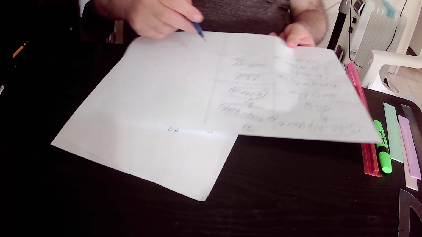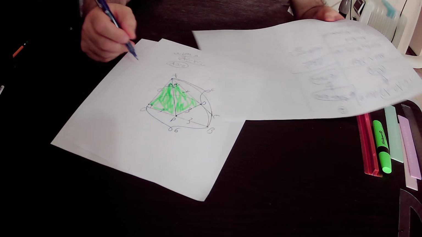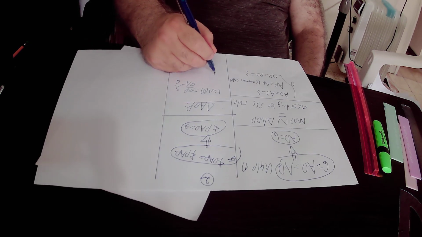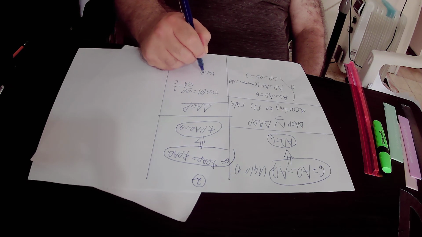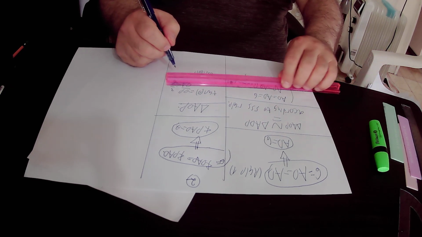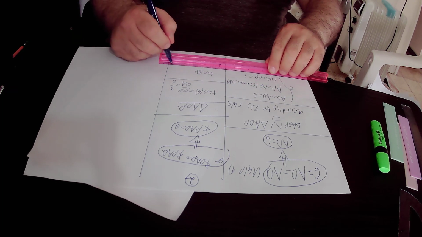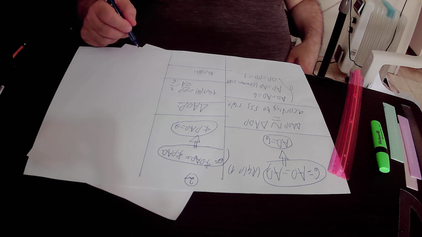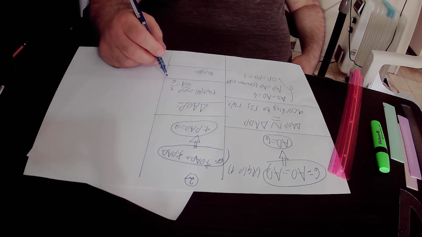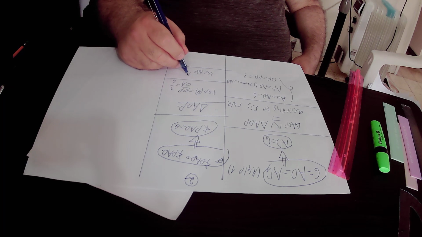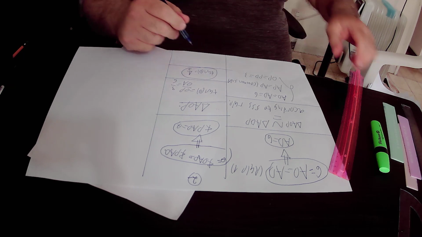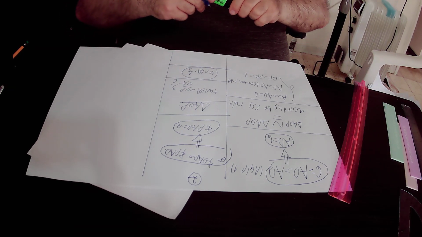OP equals 3 units and OA equals 6 units. We divide both the numerator and the denominator by 3, and we get 3 over 3 is 1 and 6 over 3 is 2. So in conclusion, tangent theta equals 1/2.